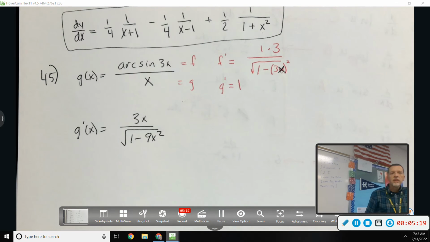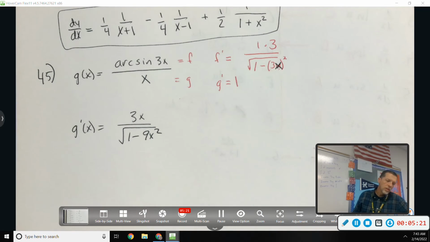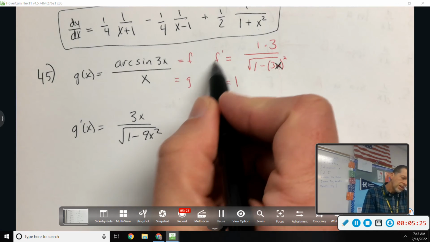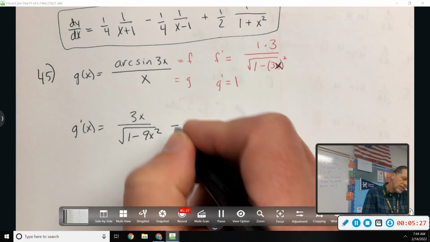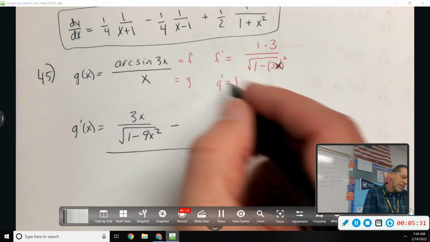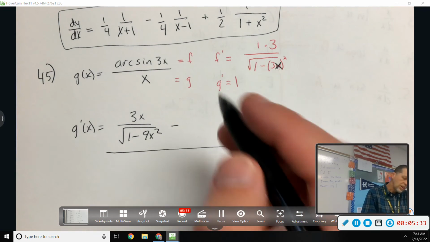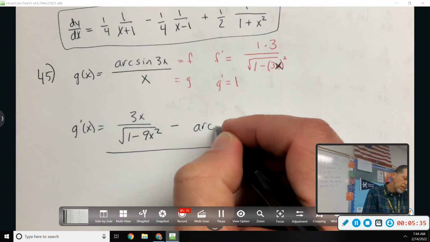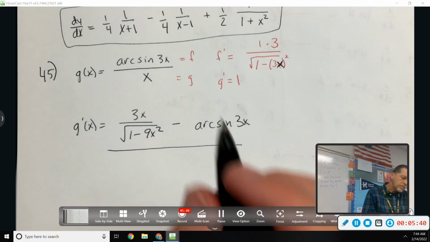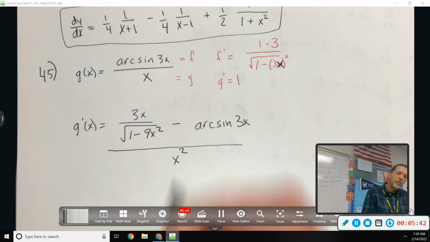I'm going to change it to 9x squared, square them both. So there's g f prime minus f g prime. That's the easy one, because 1 times arcsine of 3x, all over g squared.